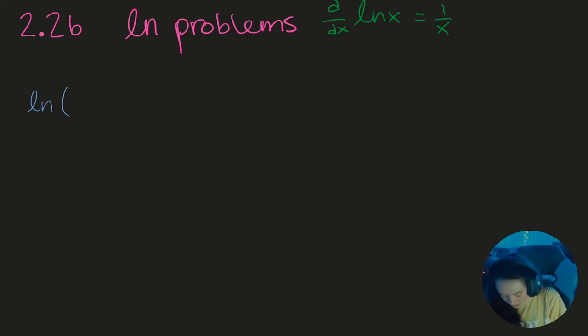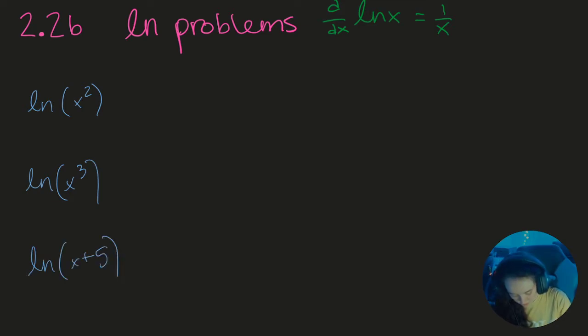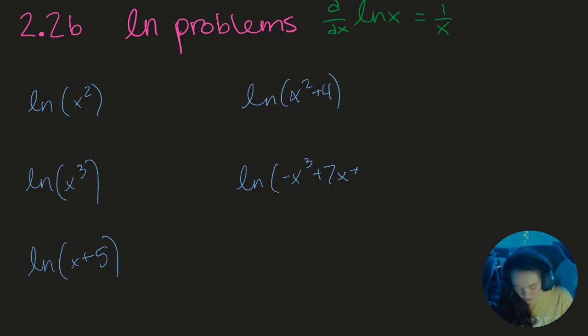So ln of x squared, ln of x cubed, ln of x plus 5, ln of x squared plus 4, ln of negative x cubed plus 7x plus 5. And that's what we'll start with for now, because I believe the others that I have on my paper should be things that we get questions for.